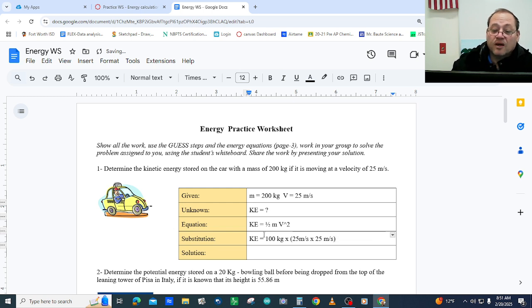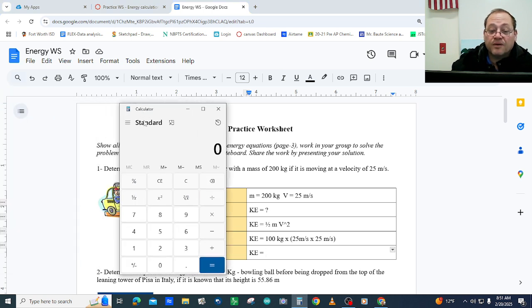Alright, and now we solve. So the kinetic energy equals, so when we do this, we start by getting the square of the number, 25 times 25. So I'm going to apply the calculator here, which is get the square of 25, or just multiply 25 times 25. And I get 625, and then I multiply that by 100.